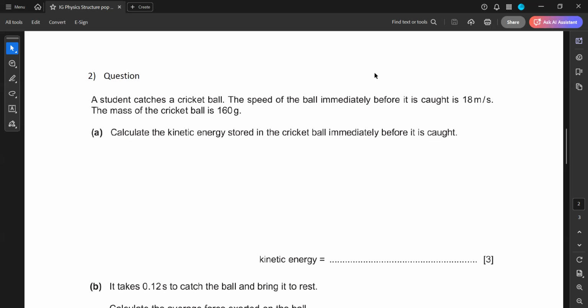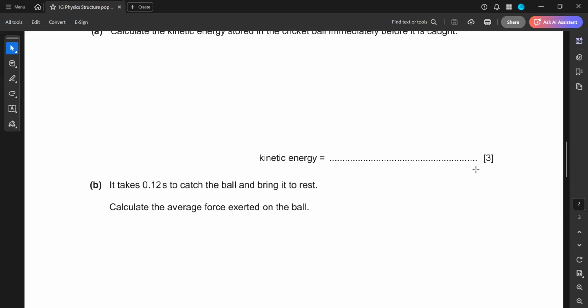Any doubt? Yes, Abdullah? Can you state the answers as well? The answers as well. The kinetic energy will be around 26 joules. If you don't have a doubt, I'll just let you know the answers. The kinetic energy is around 26 joules and the force will be around 24 newtons.